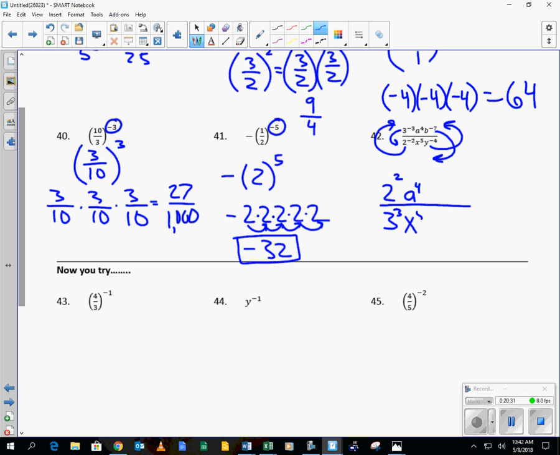X to the fifth stays where it is. But the y to the fourth moves to the top, it becomes a positive exponent. B to the seventh moves to the bottom, becomes a positive exponent. I can square the 2 to get 4, a to the fourth, y to the fourth, and I can take 3 to the third to get 27, so x to the fifth, b to the seventh.